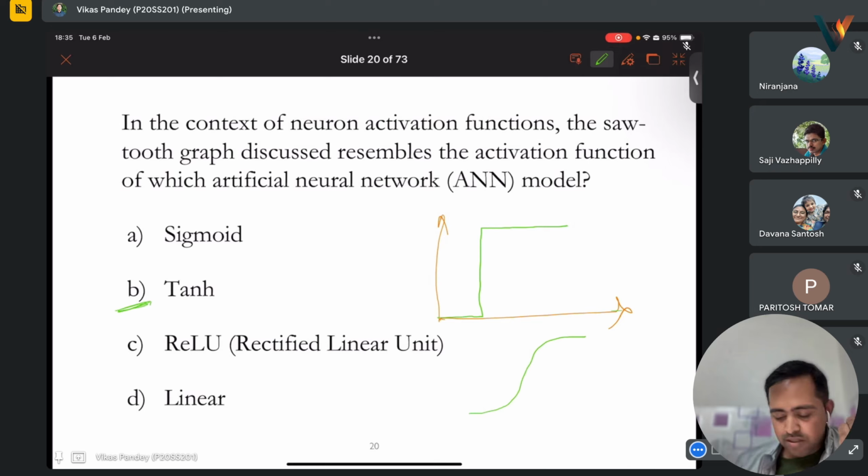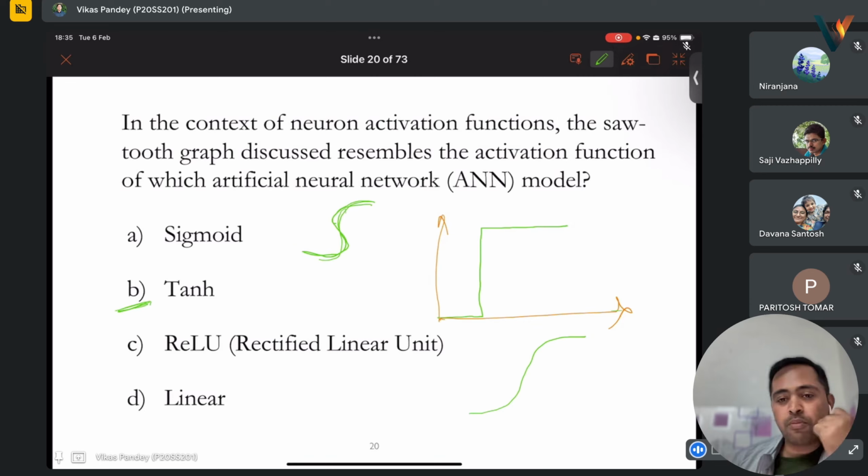And what is the sigmoid curve? Sigmoid is S-shaped, used in artificial intelligence, I think. Yes, S-shaped. That is sigmoid. Okay.